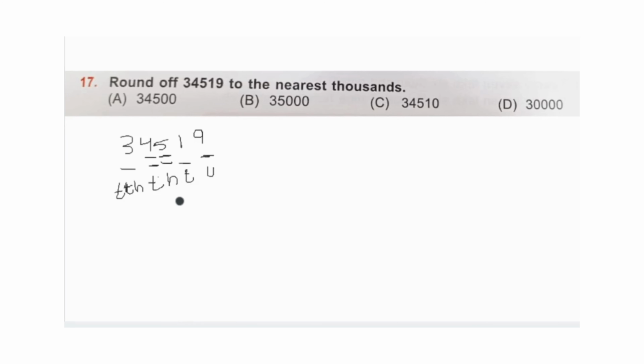So based on the rules of rounding off, if the number is 5 or greater than 5, you can round it off to the higher number, which in this case 4,519 will become 5,000, which can be written as 3, 5, 0, 0, 0.